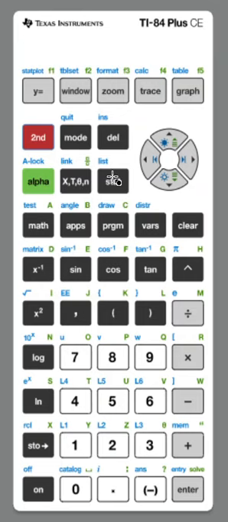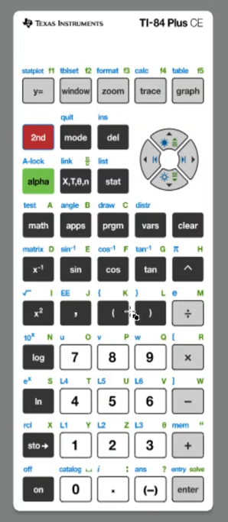The stats button allows us to do a bunch of statistical calculations if you're taking like AP Stats or something like that. The second key and the alpha key both increase the functionality of the keys. The second key, if you look at all these keys down here, you'll notice that they have something in blue above them. To access that functionality, you would hit the second key.